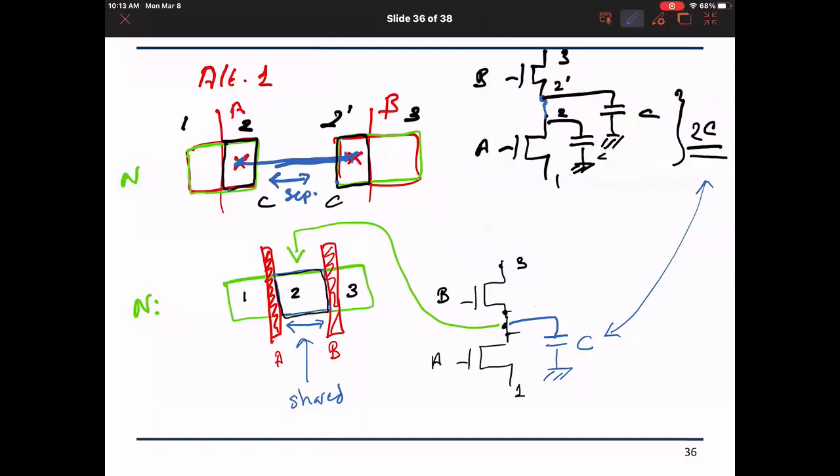And also the capacitance, which was counted twice because I'm treating each transistor individually, when I joined them or glued them together at this common diffusion, which anyway has to be glued through a metal because they are connected. When I glued them using diffusion, I also reduced the capacitance which I am handling. So node 2 here appears once, whereas node 2 here is appearing as 2 and 2 prime, it's appearing twice. Right? Actually all of this is one node that is connected. So node 2 appears twice.